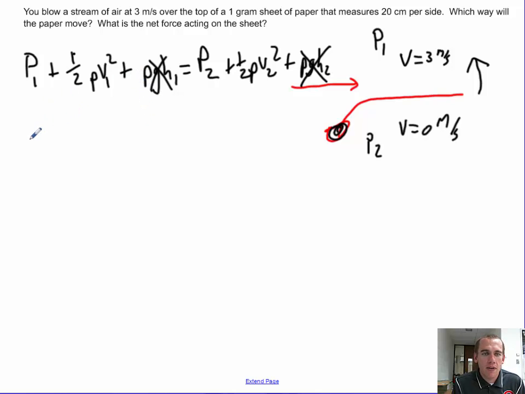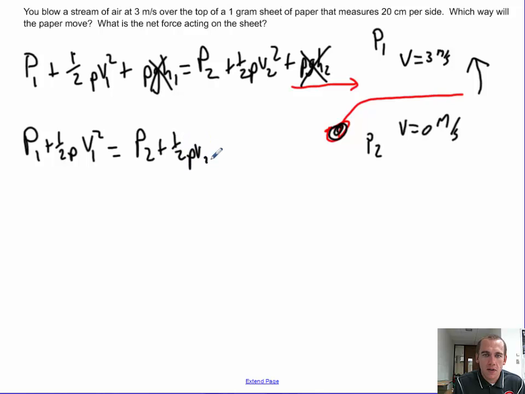Now I'm down to P1 plus 1/2 rho V1 squared equals P2 plus 1/2 rho V2 squared. There are a couple of things I don't know. I don't know what the pressure is up here or down here, and that might be okay because I want to know the force acting on them.